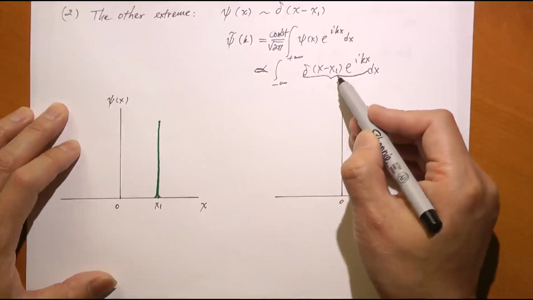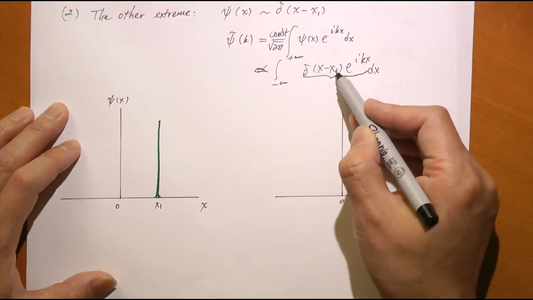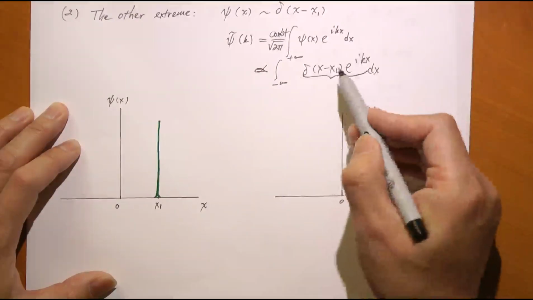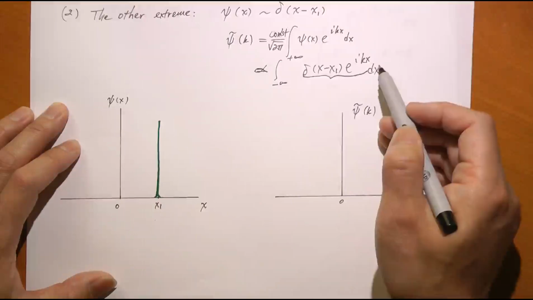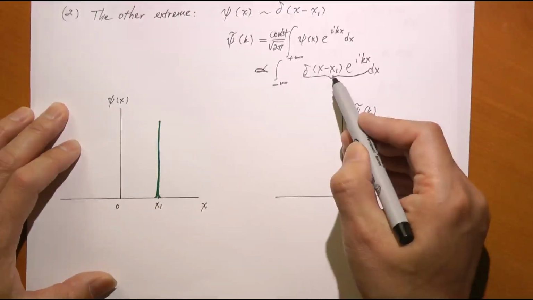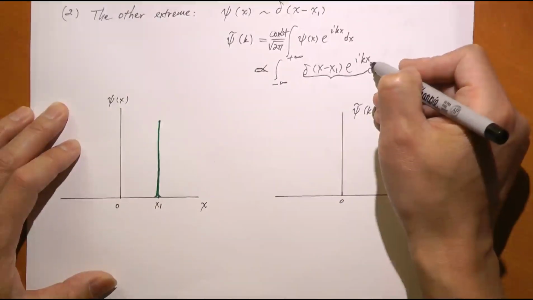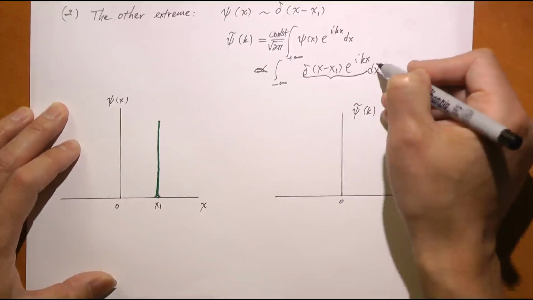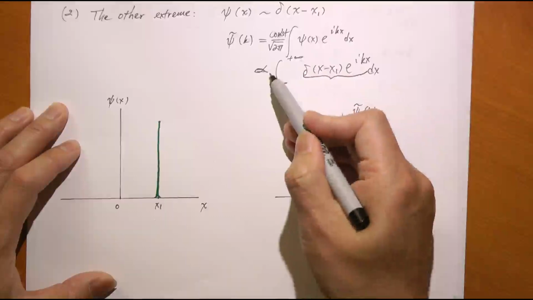So you don't have to worry about what happens when x is not equal to x1, because there is no contribution to the integral. When x equals x1, you can write x as x1. And that e to the ikx1 is a constant, so I take it out of the integral.